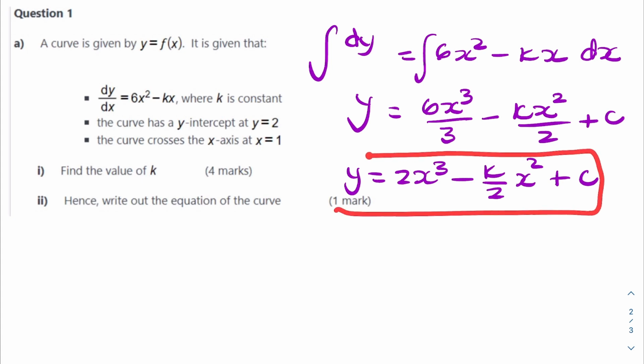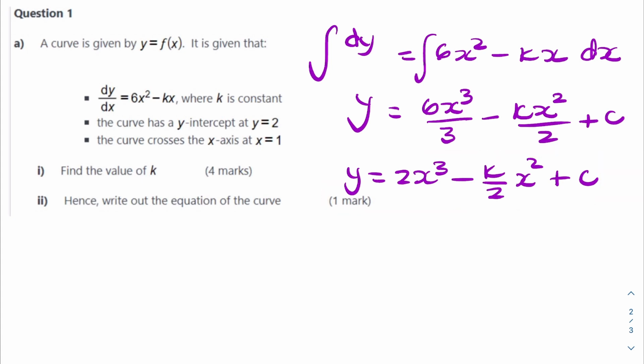So this is a cubic function. But we have two unknowns, two variables, two parameters that we need to find. And we're going to use this information to find it. So because we have two bits of unknown information, we need two pieces of known information, so 2 points. So the first point we're given is the y-intercept. Now, y-intercept means when x equals 0.